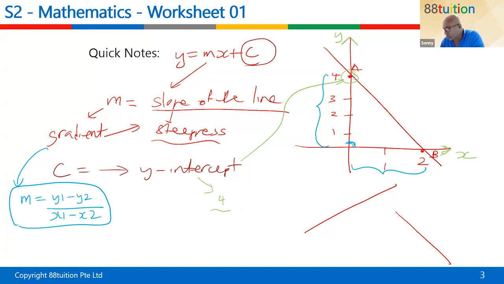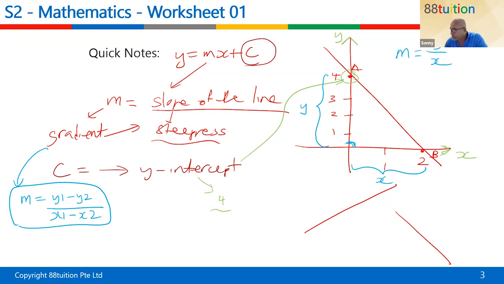So if it's able to form a right angle triangle, there's a simpler way of finding the gradient. Okay, the simpler way is m equals y over x. This is given by y and this is given by x.